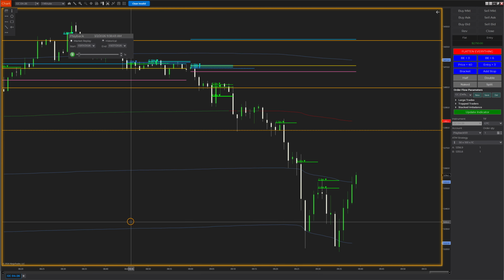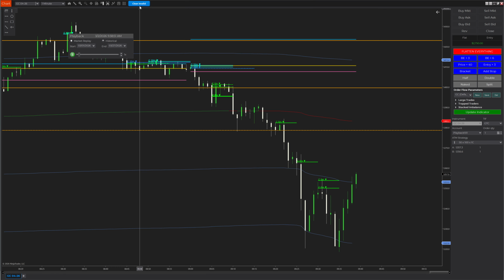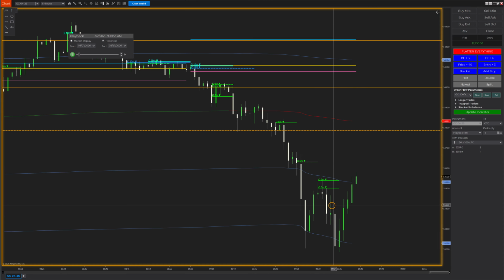Clean. You can see how clicking the clean invalid will, if price is above short signals, clean them all up for me. They'll clean themselves up after the 5 minute window is over, but sometimes it's nice to get them out of there. I think I created that originally before I had the bias filter.